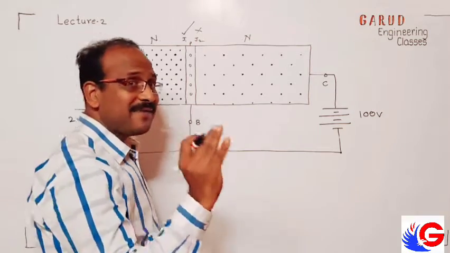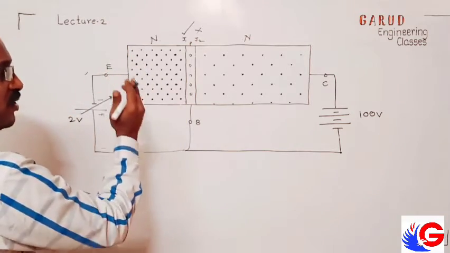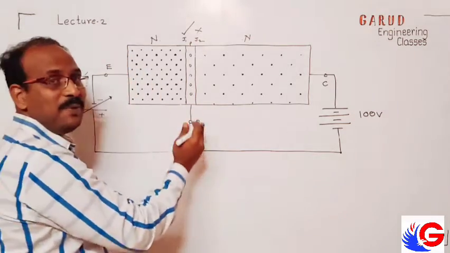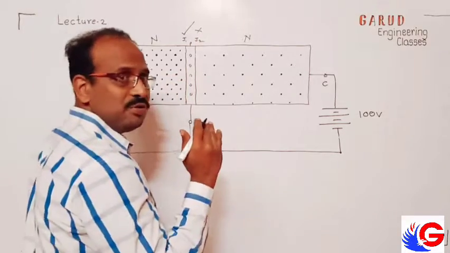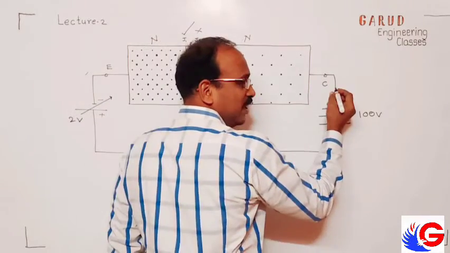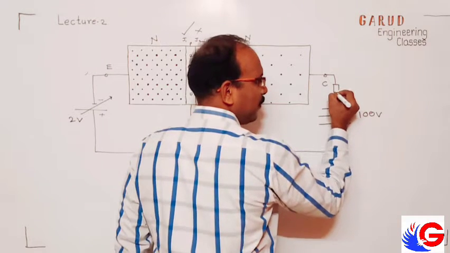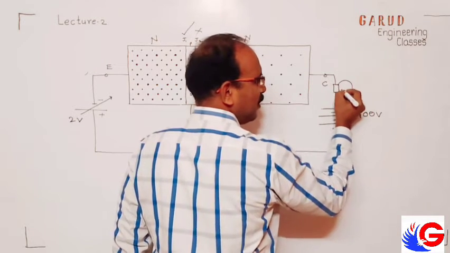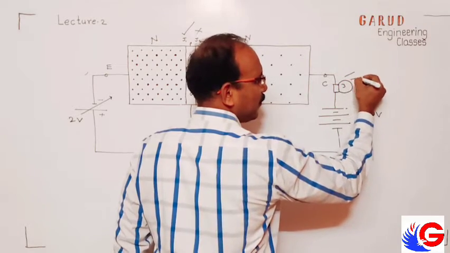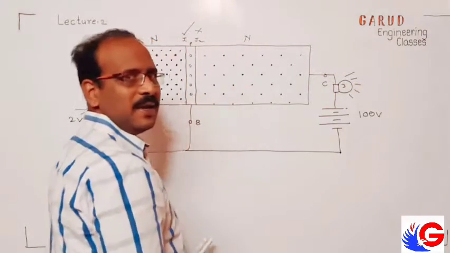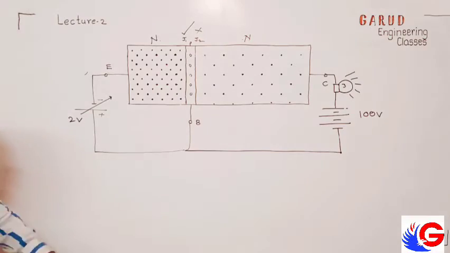Okay? But let's see what happens here. How this transistor behaves like an amplifier, I will show you. To see this, I want to see the current here. So I connect a bulb somewhere. I want to check the intensity of the bulb. So how will the current be moving?